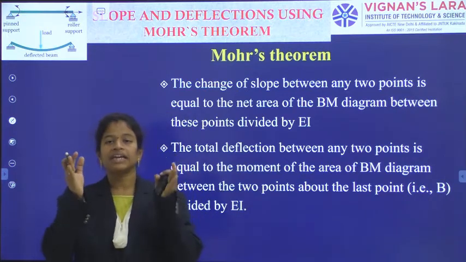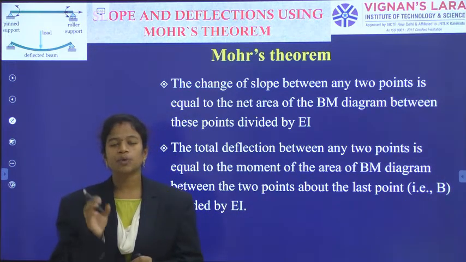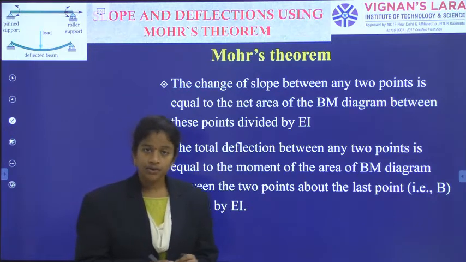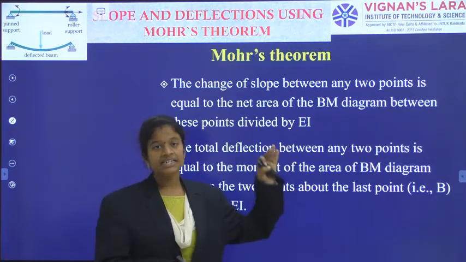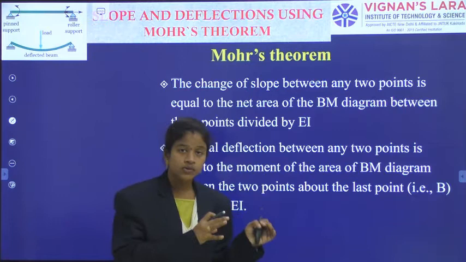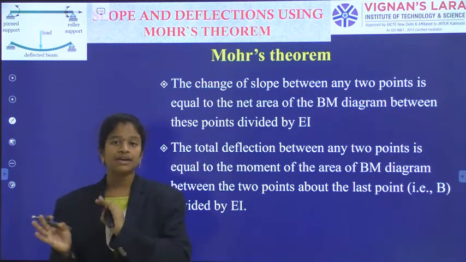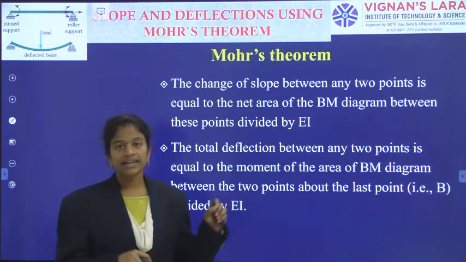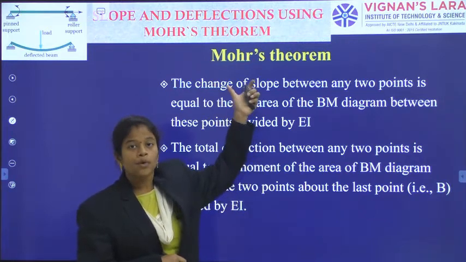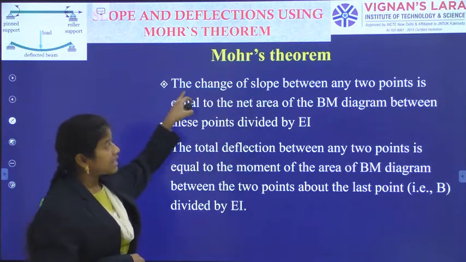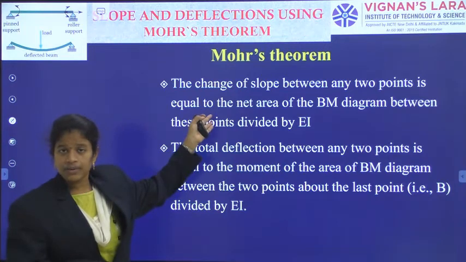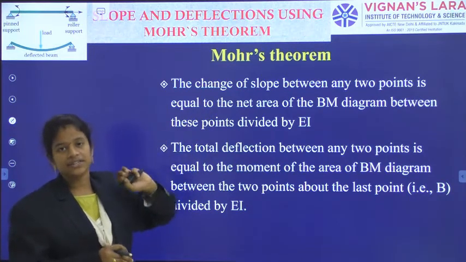So from the moment area method we have got a small theorem, which is Mohr's theorem. The moment area method gives some conditions, and using those with a simple line we will get one more equation from Mohr's theorem. Here also they will consider the same points, but for some cases.